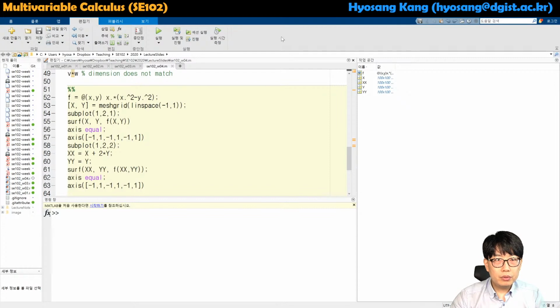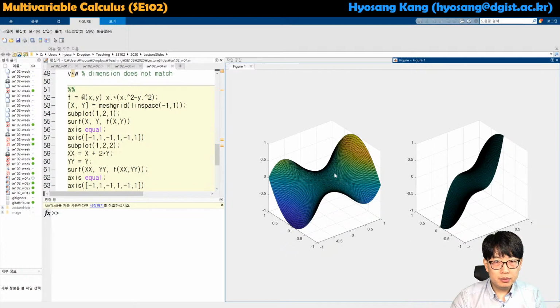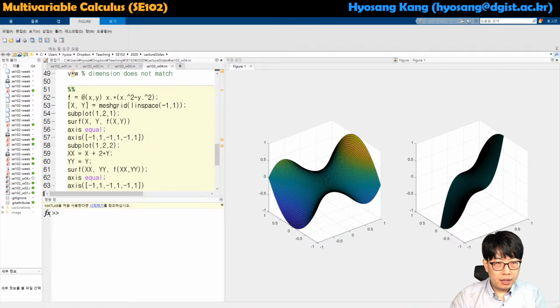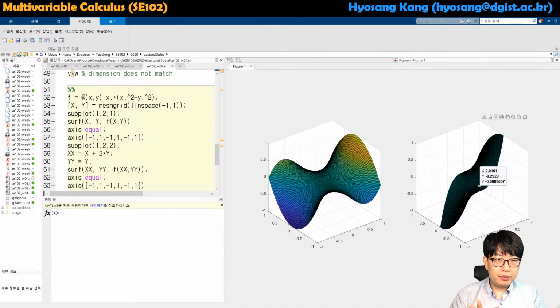So I'm going to dock here. The picture on the left is the original monkey saddle, and on the right, I made the two axes equal, -1 to 1, -1 to 1. What happens is it's a little bit squeezed, and also it was rotated.